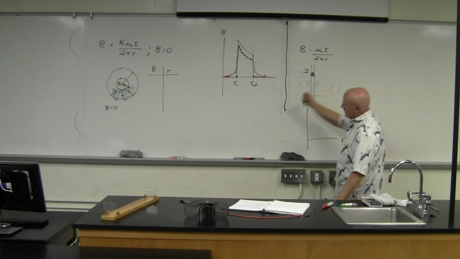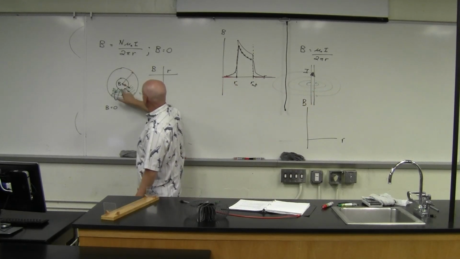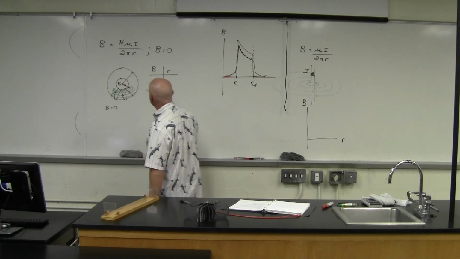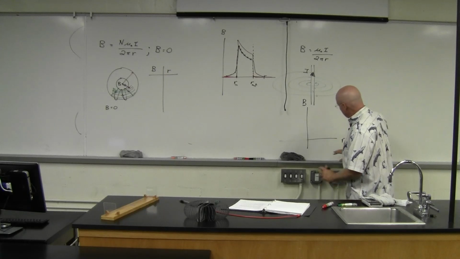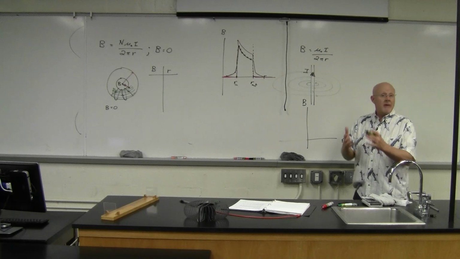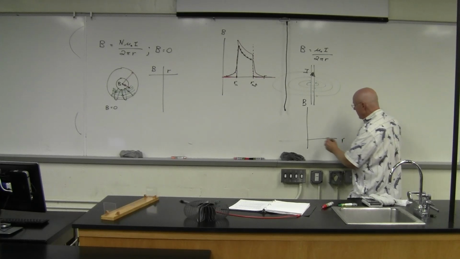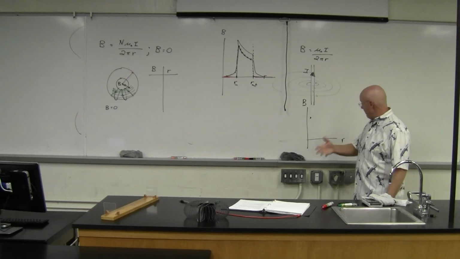And so this equation, a lot like the toroid one, although the toroid one was only valid inside and R was measured from the center of the donut hole part. Here the R is measured from the center of the wire. So the closest I can get will be something like half a centimeter or maybe a centimeter. Let's see when we actually make the measurement. But this would be my first measurement of the magnetic field.